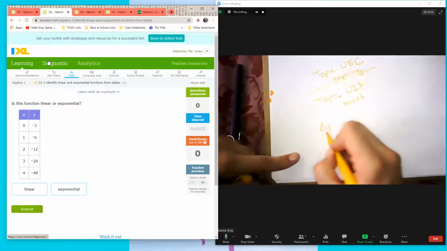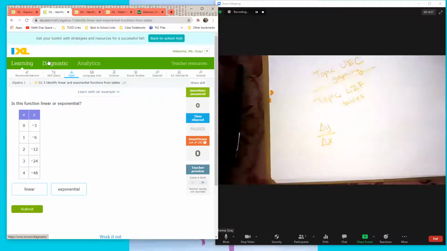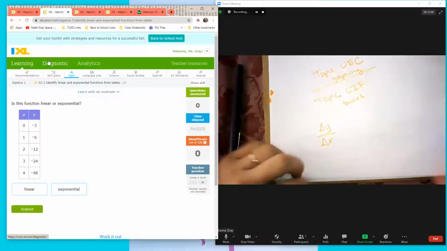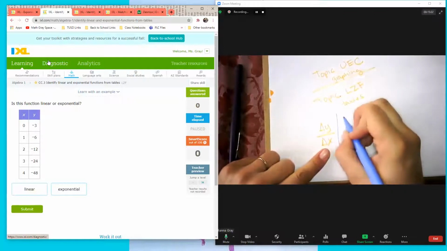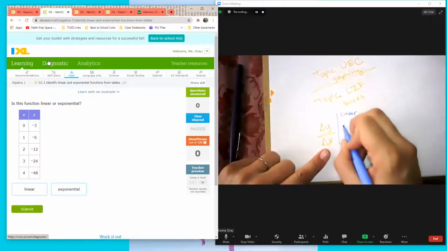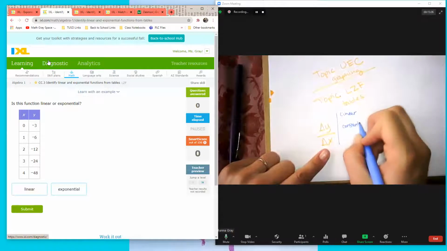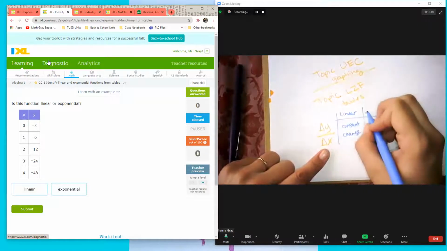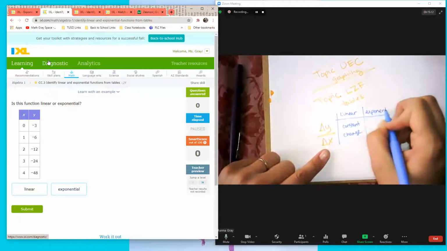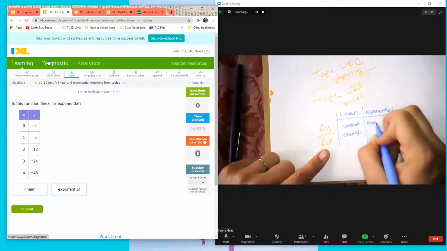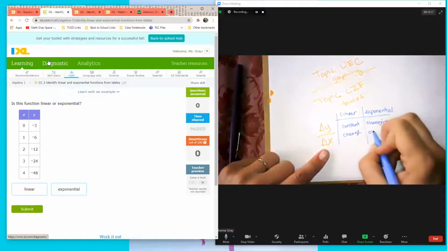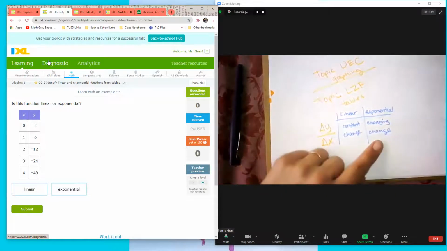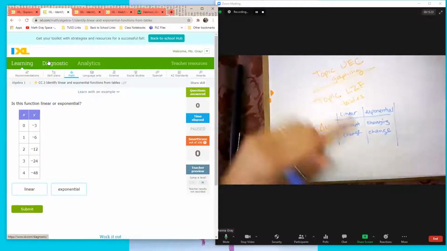So you want to compare what's happening with Y to what's happening with X. If it's linear, it'll be a constant change for both. And if it's exponential, it'll be a changing change. Basically, it won't stay the same, it'll be different, and it'll be going up probably by a consistent amount.